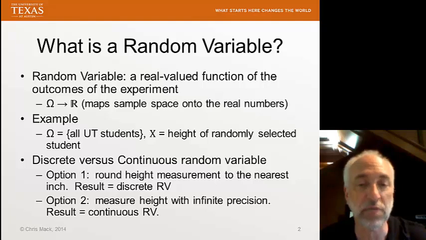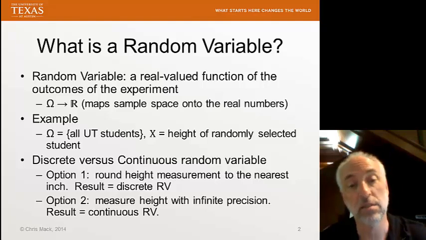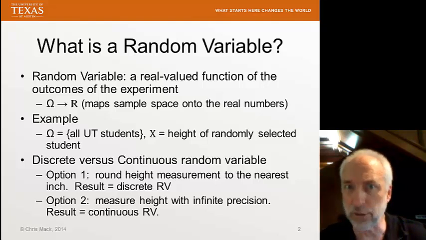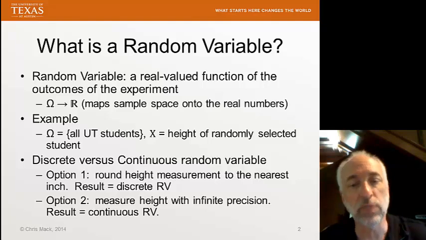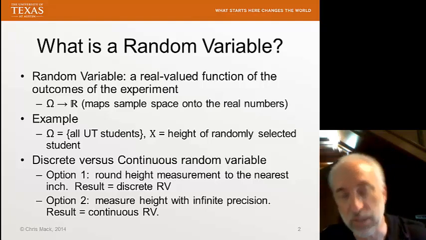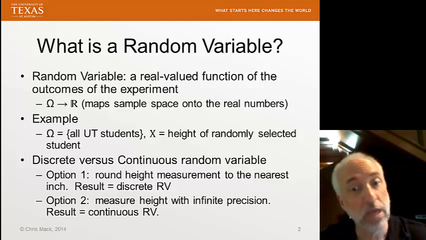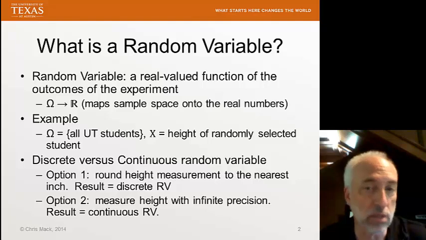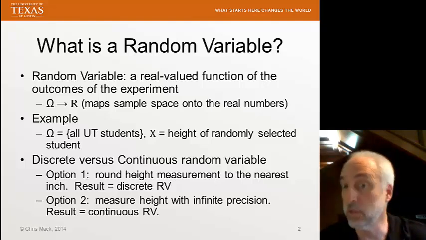So in this case, it would be a finite set of discrete numbers to make up our sample space. But I can imagine a measurement which allows infinite precision. If I did that, our random variable x would be continuous. It would be a real number that had any possible value along the real number line.